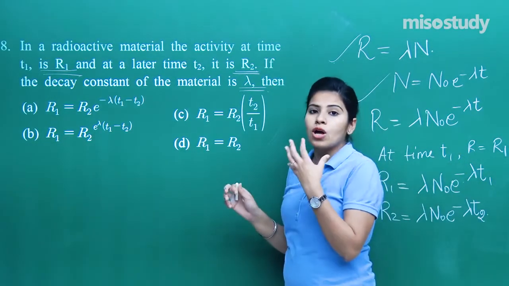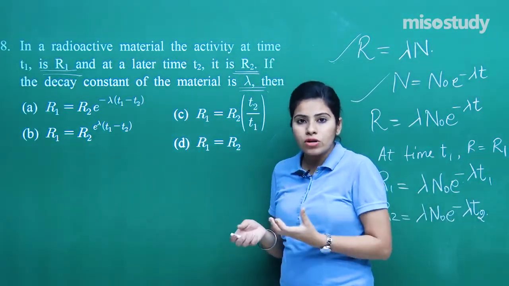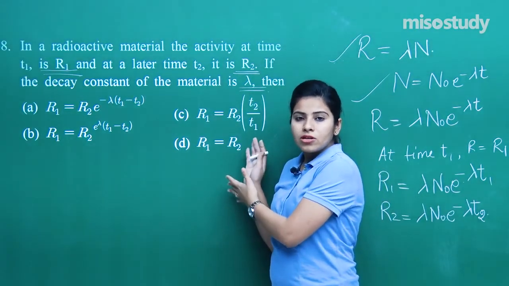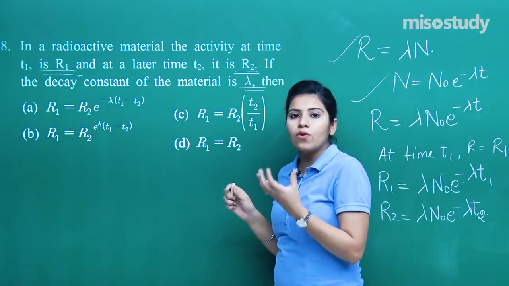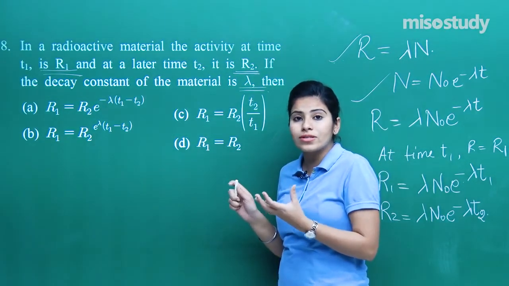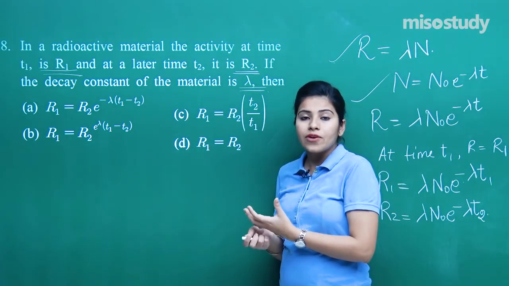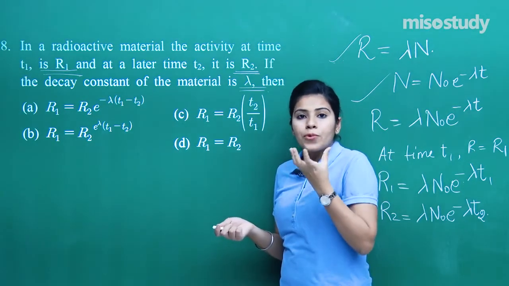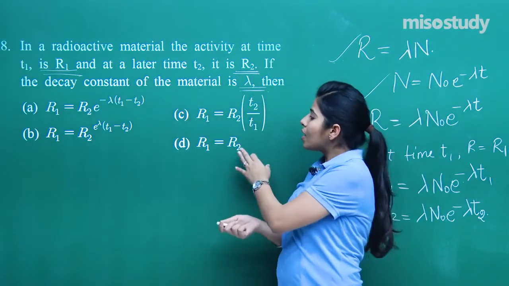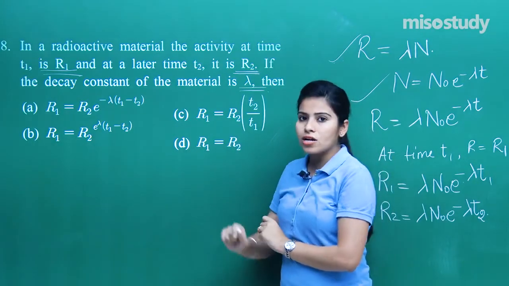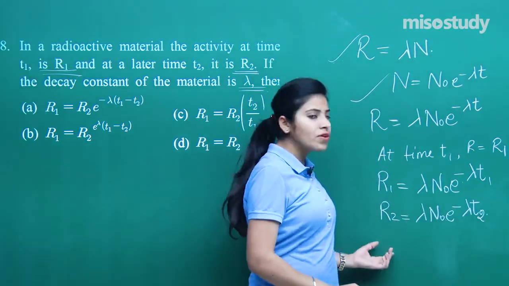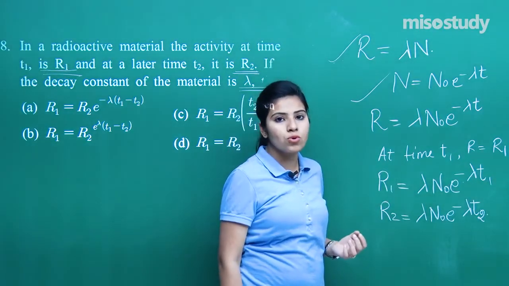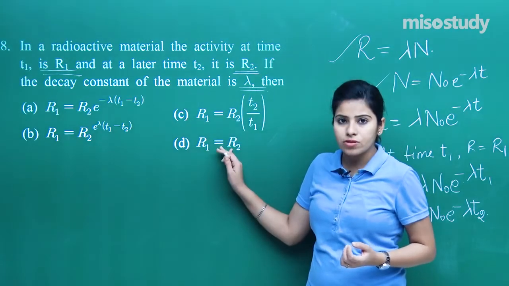We have to focus on the options now, because we want the answer in the form of the options that have been given. So we should not only focus on the question, we should also focus on the options. If you focus on the options, you will have an idea of approaching the answer, right? I have R1 and R2, and if I divide these two, somehow I will get these relations.